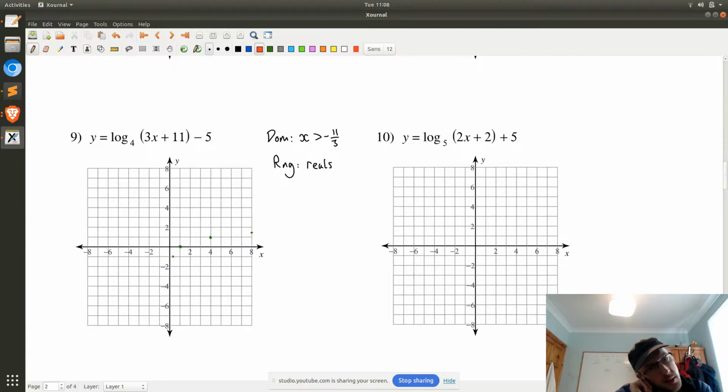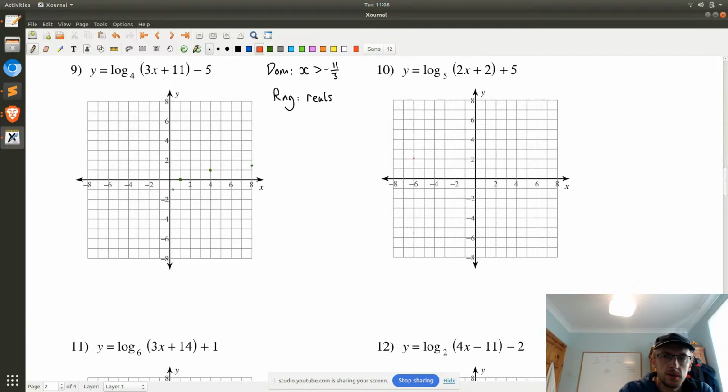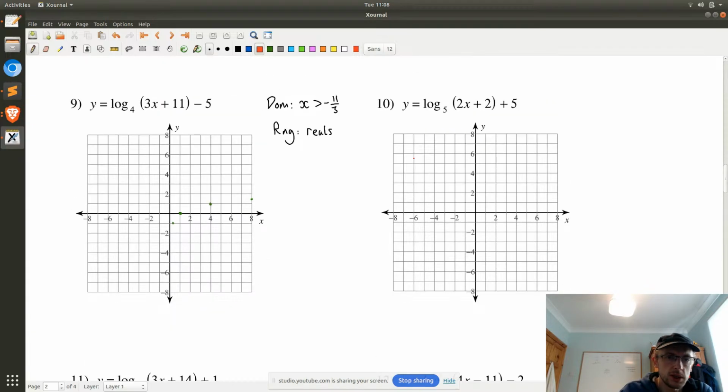Okay, so that means that that will get smaller. I really want to actually understand that.